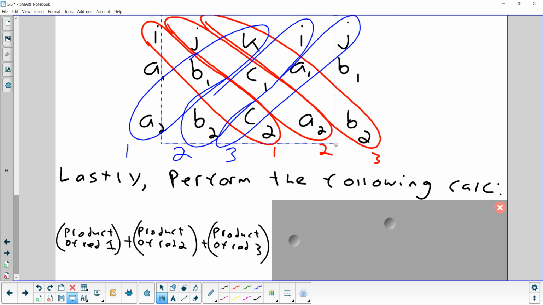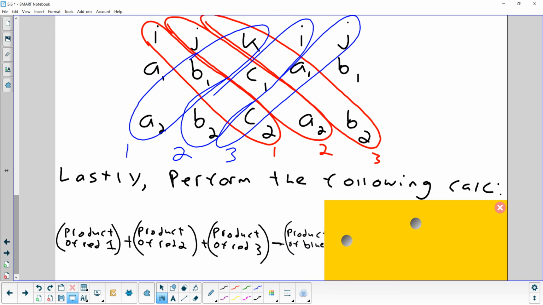And notice what you did with the first 3 in red. Add, add, add. With the ones in blue, you're going to multiply them together, just like the ones in red, but you subtract them. So multiply everything on blue diagonal number 1 and subtract it.